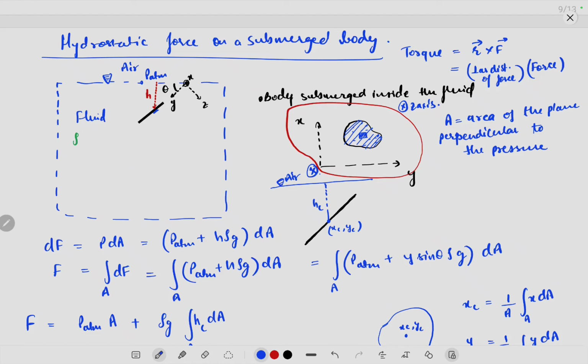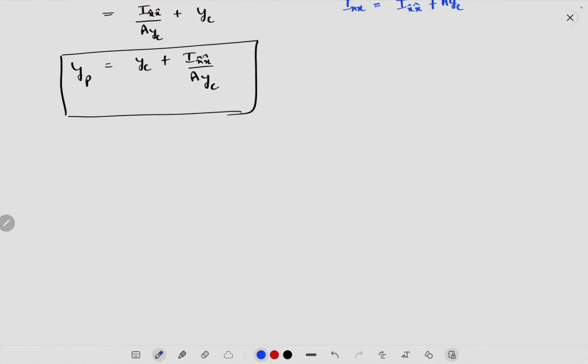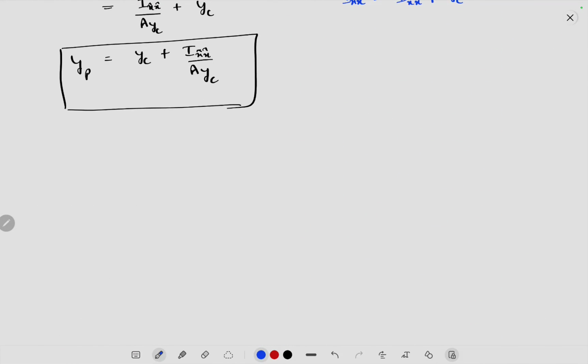So the perpendicular distance of this force can be this or this, so it can be either y or also x. So the torque will be along the x-axis and along the y-axis. That's why you will use this concept to find the x coordinate of the center of pressure.